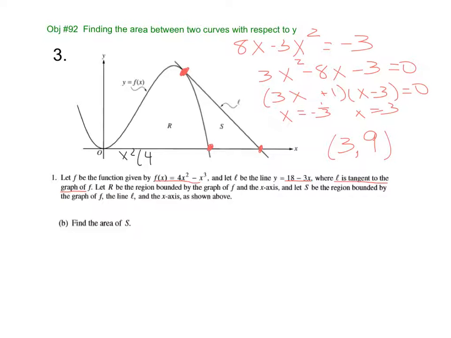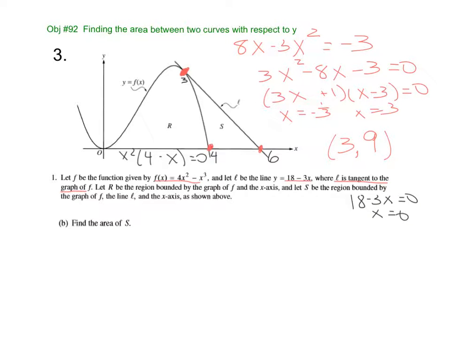I always make silly little mistakes when I'm doing these. 4 minus x equals 0, so this point is 4, right? And then the line, set that equal to 0: 18 minus 3x equals 0, so we get x equals 6. So those are the points. We have the x value 3, the x value 4, and the x value 6.